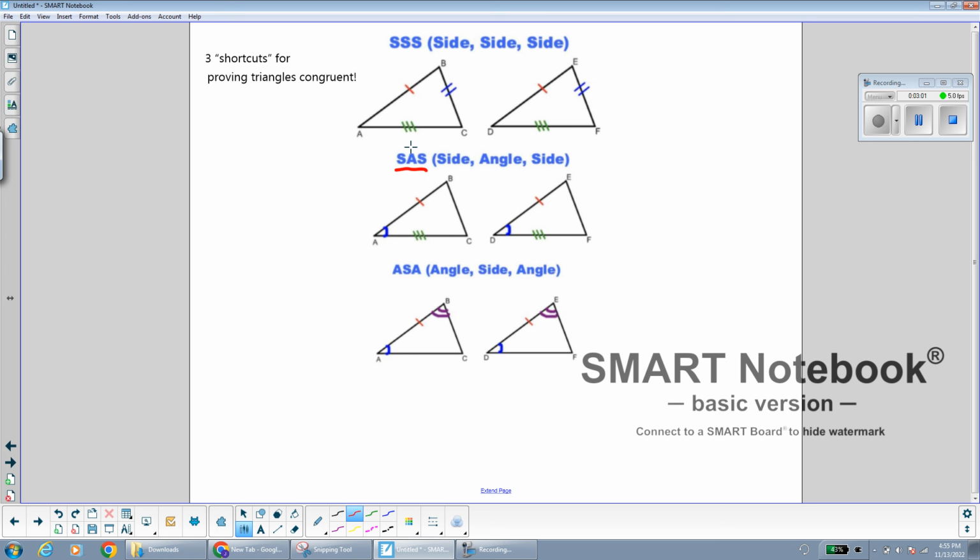So the angle, the A, does need to be directly in between the two sides. Notice here how the angle is directly in between the two sides. And then finally, we have ASA, angle, side, angle, in that order, with the side directly in between the two congruent pairs of angles. These are three methods of proving triangles congruent.